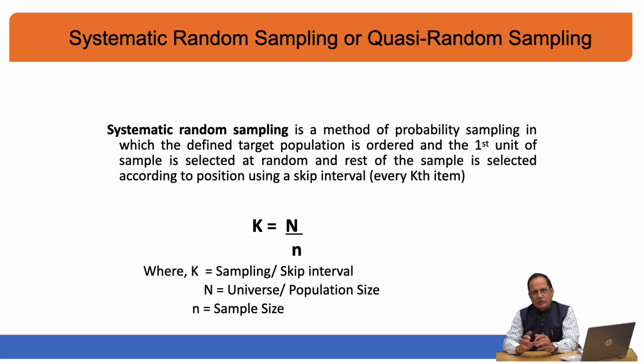Suppose we have taken the number 7. Now, we have to take a sample of 600 out of a population of 3000. So, to find out the fixed periodic interval, we will divide the population by the size of the sample.